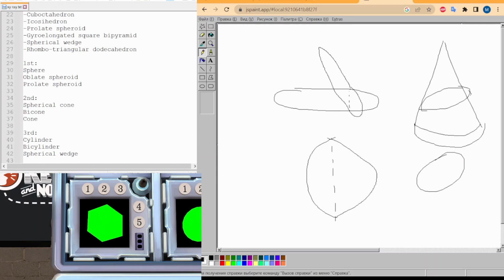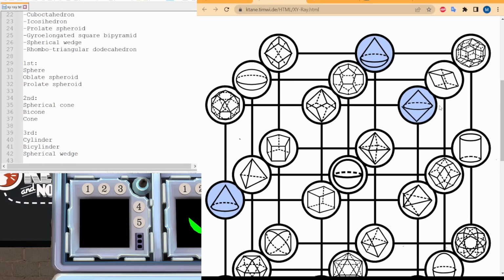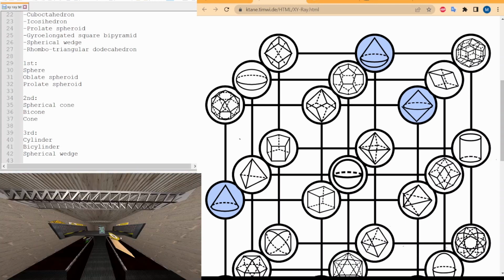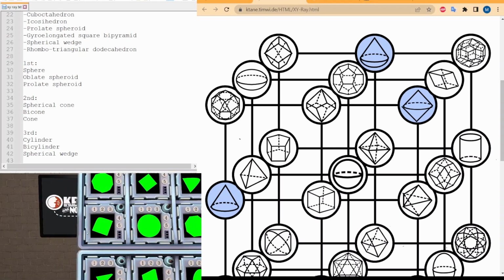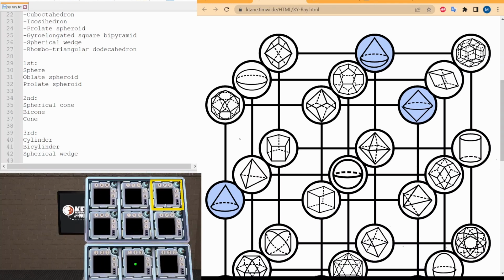So when it scans from the side, it looks like this. As you can see, this is the clear line that divides two cones, top and bottom. Let's speed this up. As you can see here, very obvious.